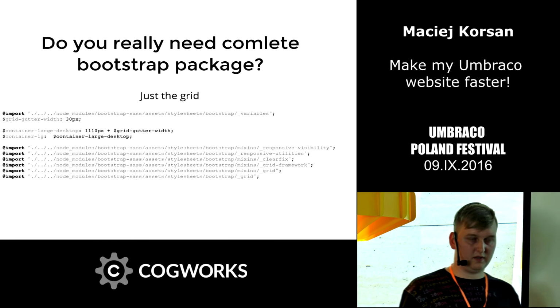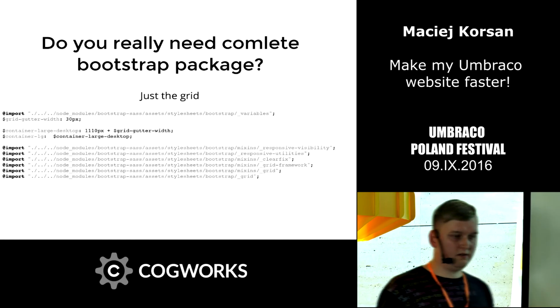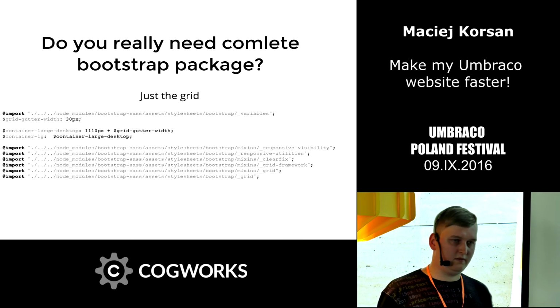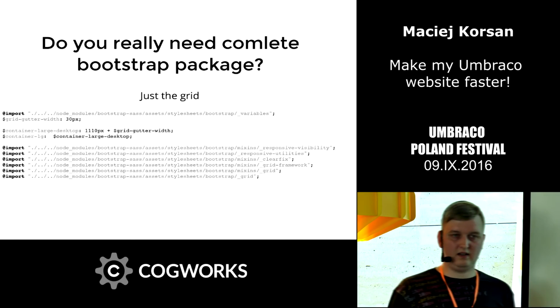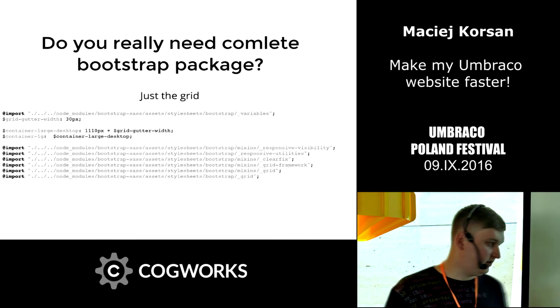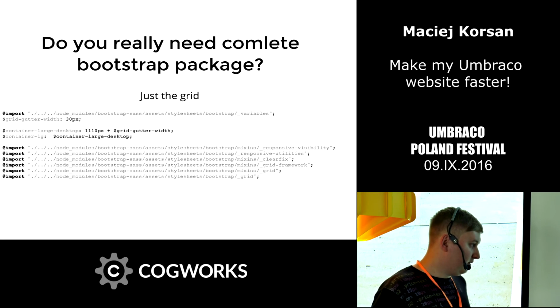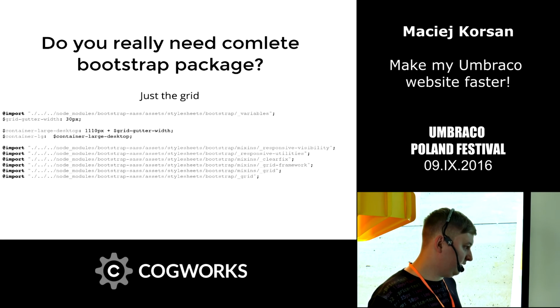In this project, my graphic designer created a Bootstrap-based project. So I thought, okay, I'll just take the grid, because I don't need link styling, tables, and many other things that come with Bootstrap. So I had to write this code.